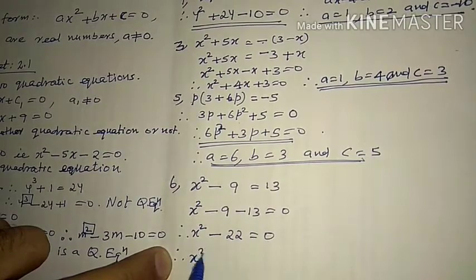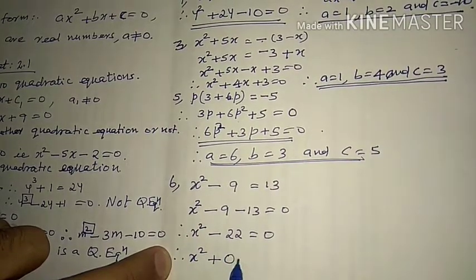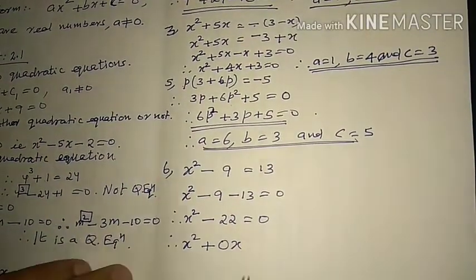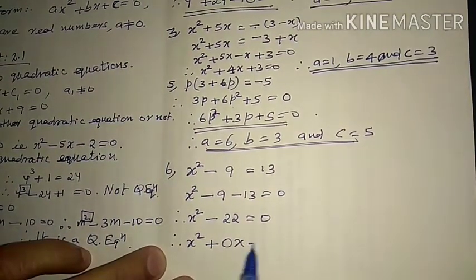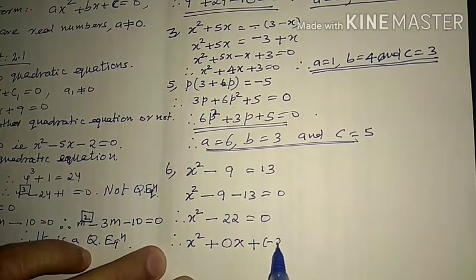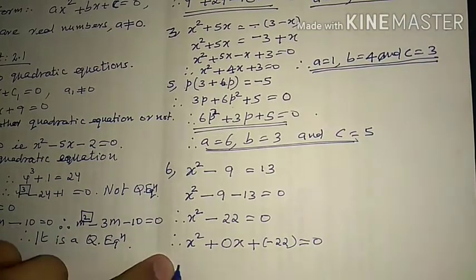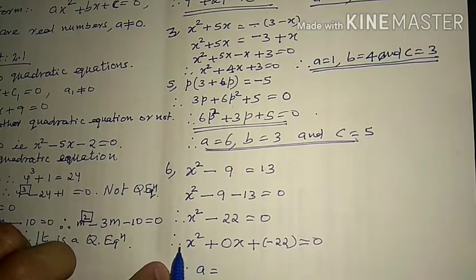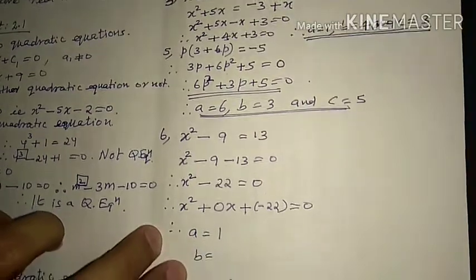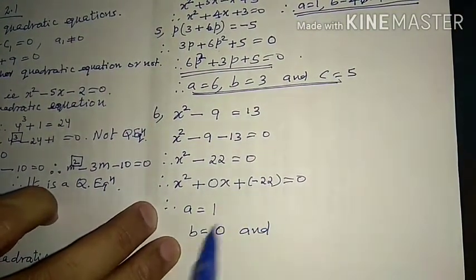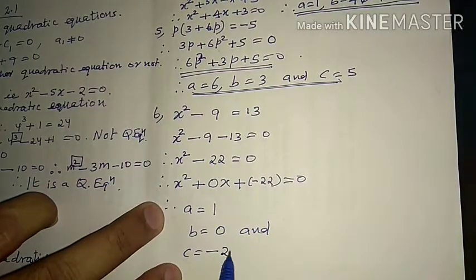Therefore here x square plus 0 times x, x is not there, so we write 0 times x, 0 into x is 0 only, minus this 22, that is plus minus 22 equal to 0. Therefore A is the x square coefficient, which is here 1. B is the x coefficient, 0. And C is the constant term, minus 22.